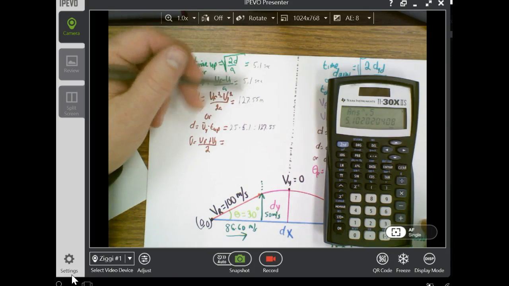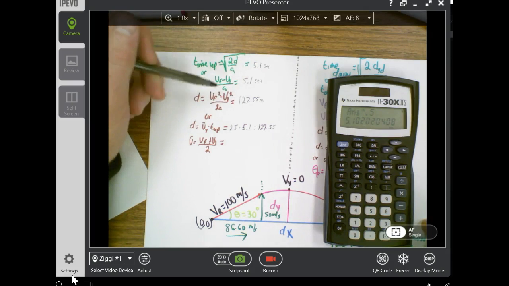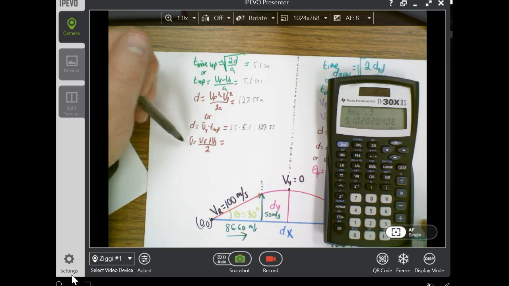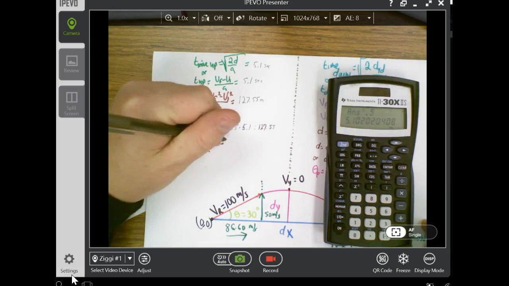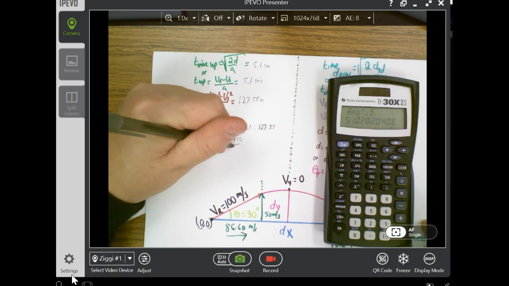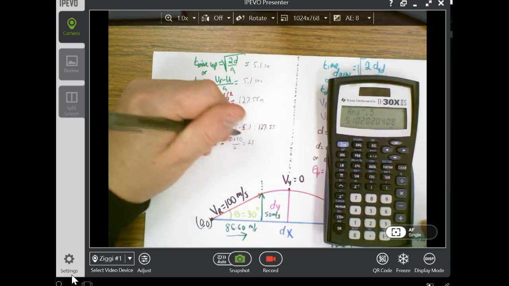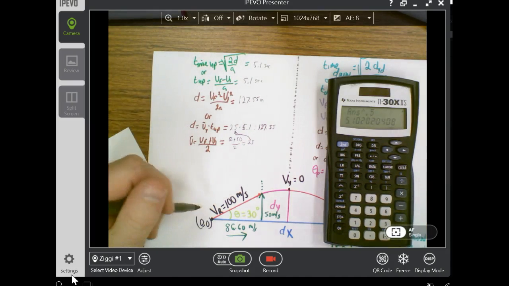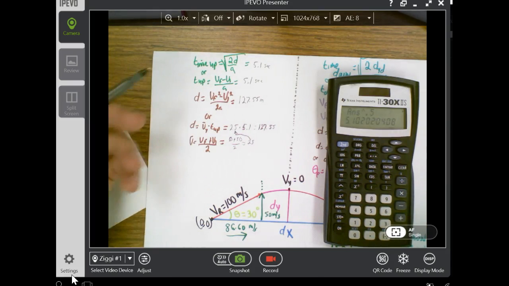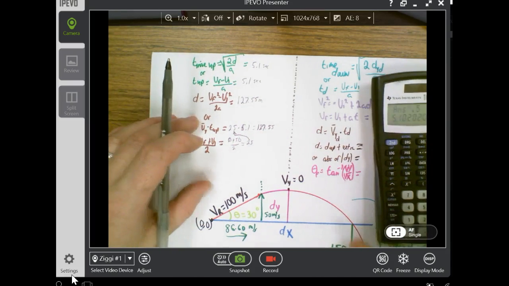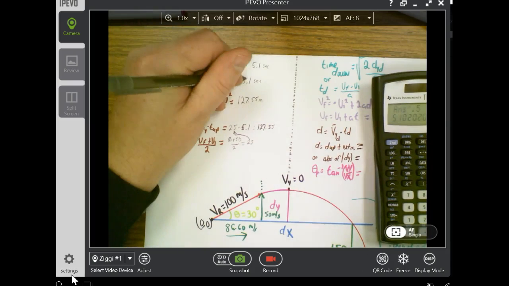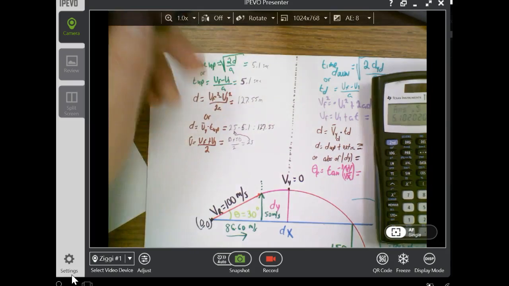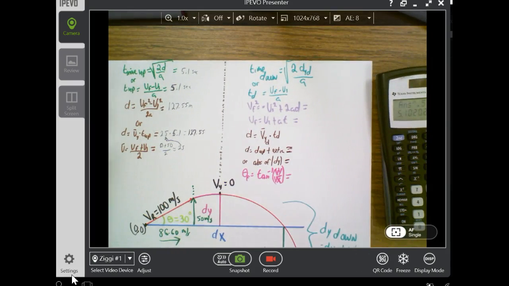I've gotten distance two different ways. I can even do the velocity average, which I did earlier, which was 0 plus 50 over 2 equals 25, which is what I put in there. So at this point we know our time up, our distance up, and our velocities. Now let's work on the way down.